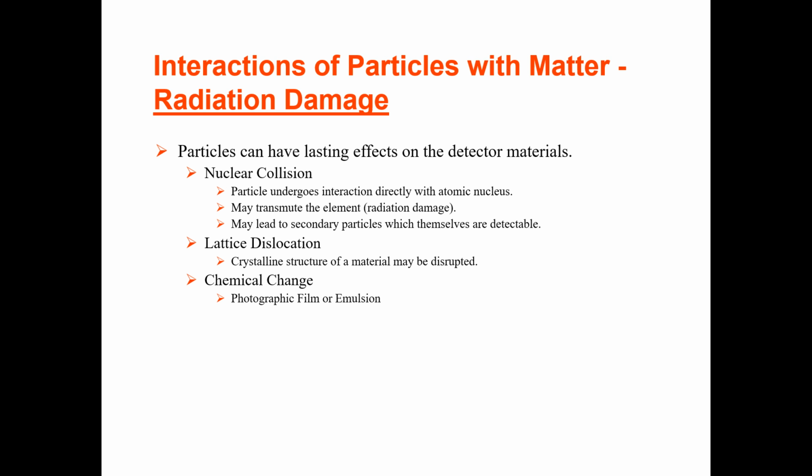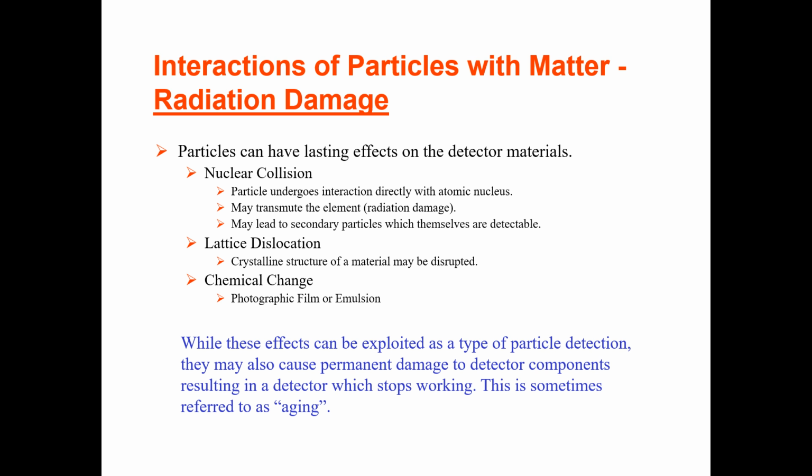We can also have chemical change, as in photographic film or emulsions. During the interaction of the particles, chemical change is also possible in the materials, which you can observe on photographic film or emulsion.